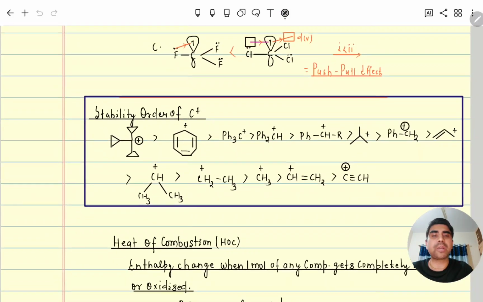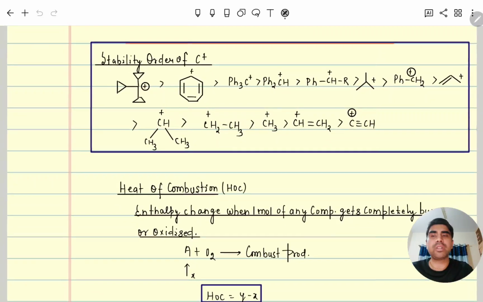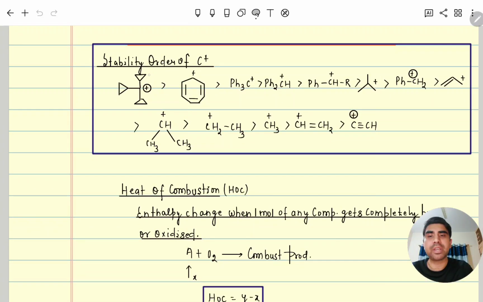Now, stability of carbocation is very important. This one you can see, this is hyperconjugation or sigma resonance. Sigma resonance is more stable.